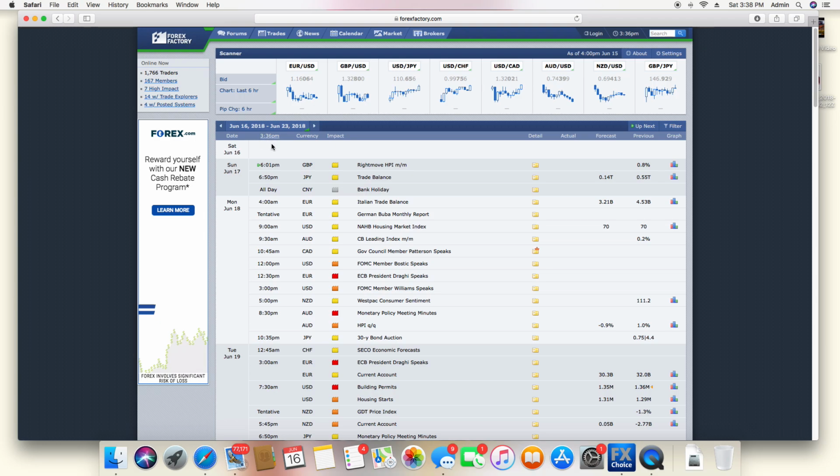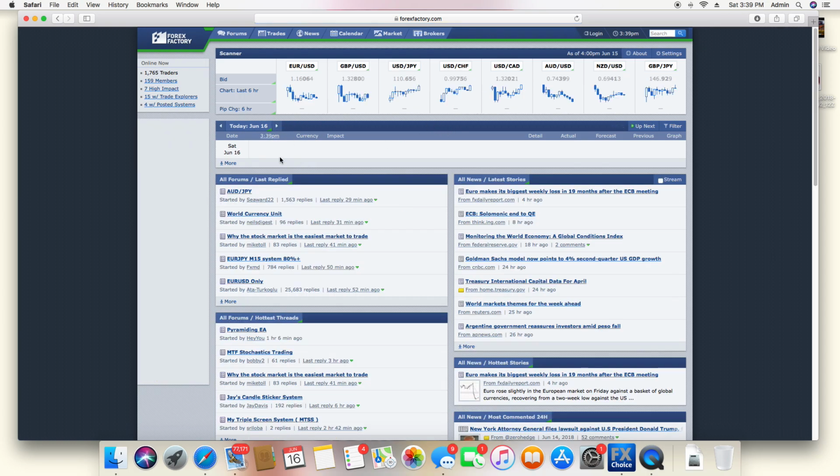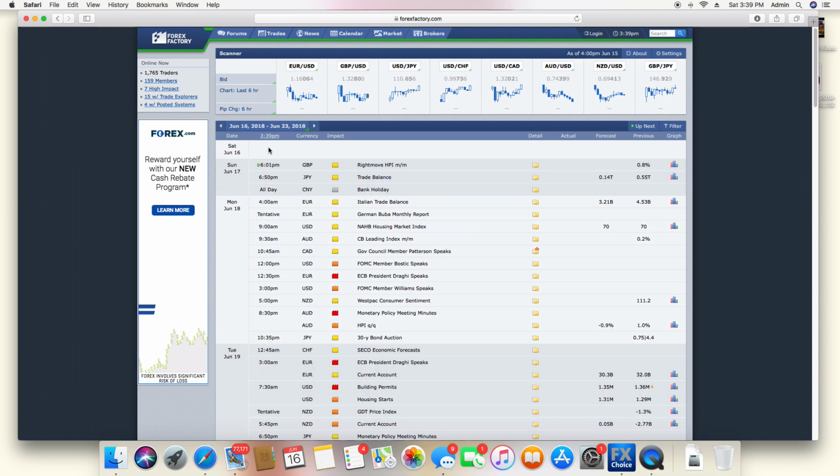Okay, so I'm actually in Central Standard Time, and my clock says 3:39. This said 3:36, and so I just updated that, so it says 3:39 now, so it's on the right time zone. It automatically defaults to Eastern time zone, but I've already customized mine, so that's why it's at 3:39.